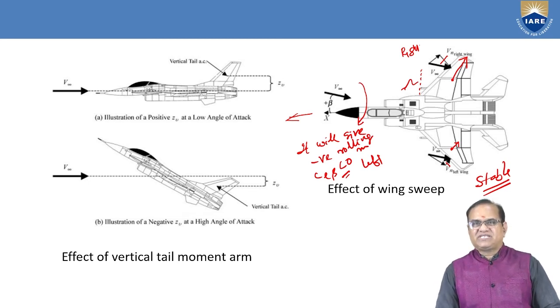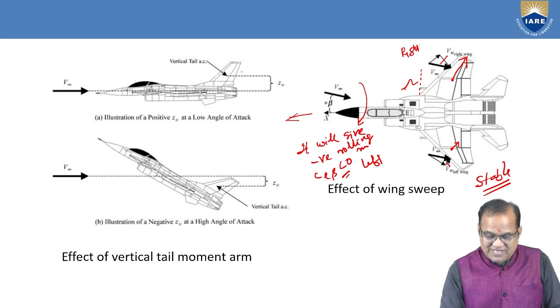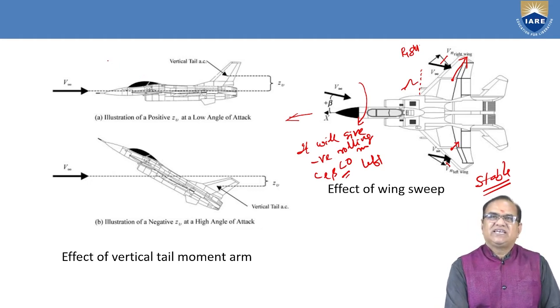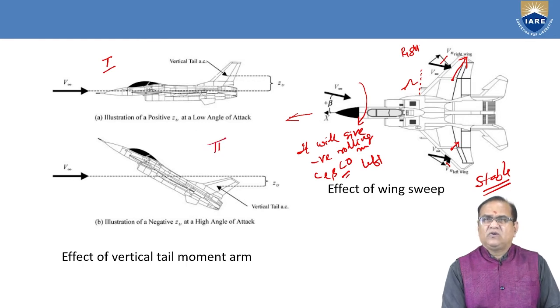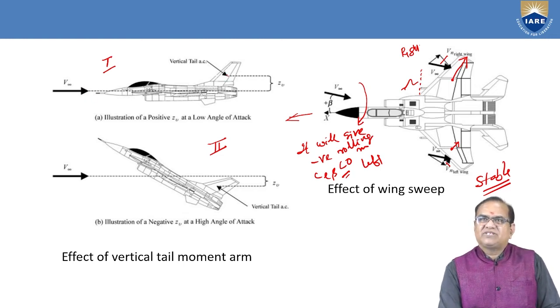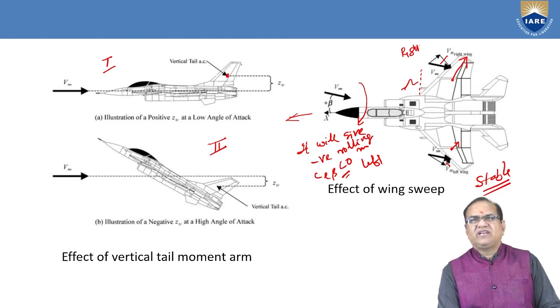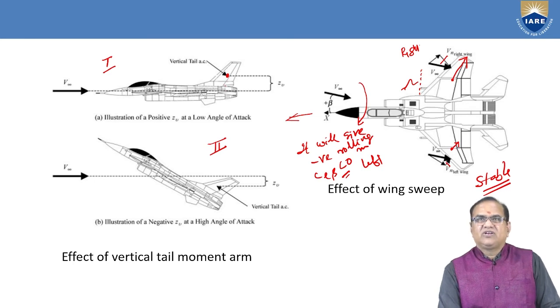Next, I want to discuss the effect of the vertical tail moment arm. You can see here that this is the first diagram, and this is the second diagram. If the aircraft is moving like this, the aerodynamic center of the vertical fin is here, and this will generate a moment.